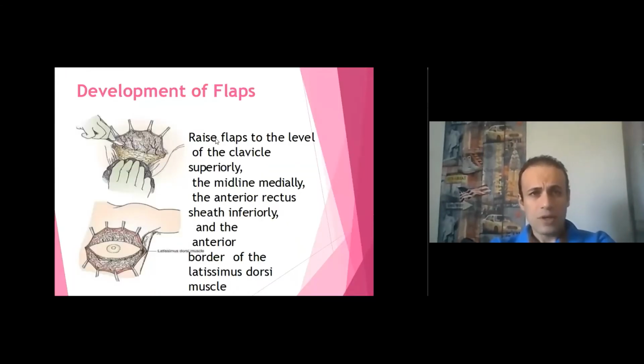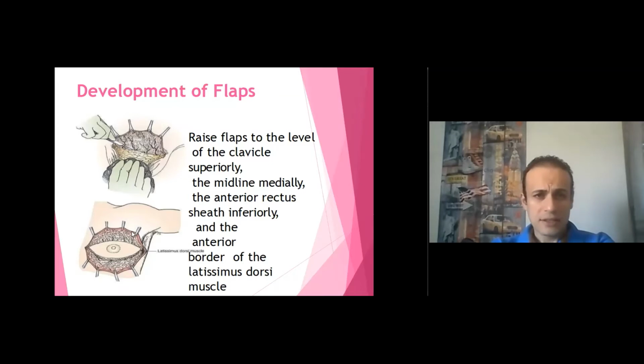For development of flaps, we raise the skin flap to the level of the clavicle superiorly, the midline medially, the anterior rectus sheath inferiorly, and the anterior border of the latissimus dorsi muscle laterally.